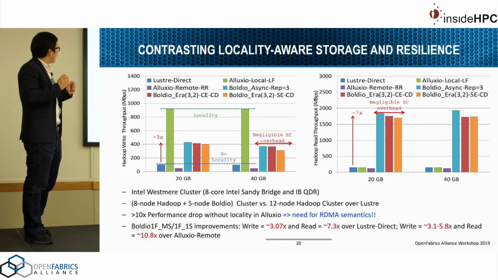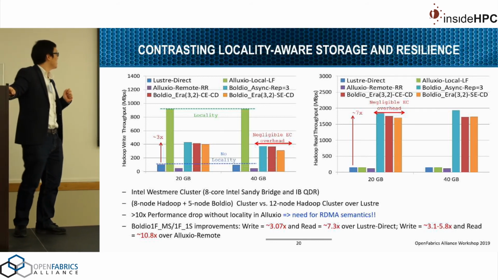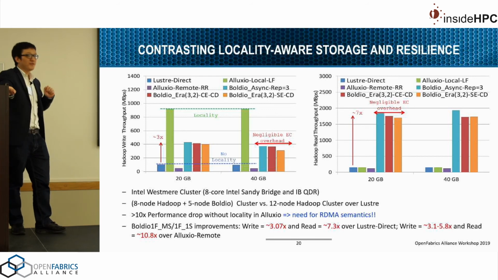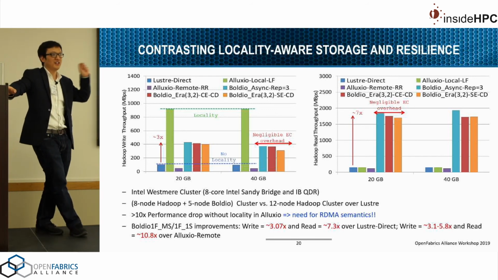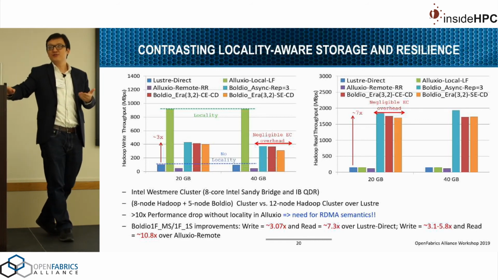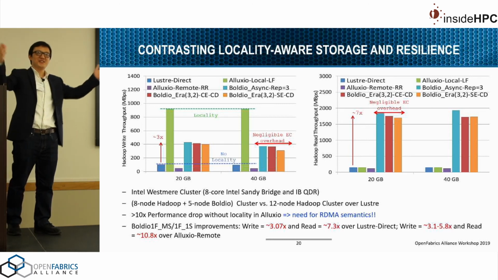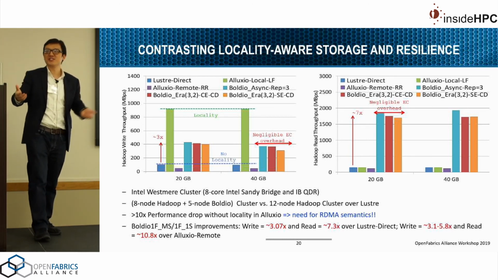So we are trying to contrast our design with different kinds of schemes. Let me explain them one by one. The first one is definitely Lustre Direct. You directly access your Lustre from your compute nodes. Of course, your performance will not be good if your Lustre is bad. But even if your Lustre is good, if a lot of clients are trying to access it, you still see a performance bottleneck.